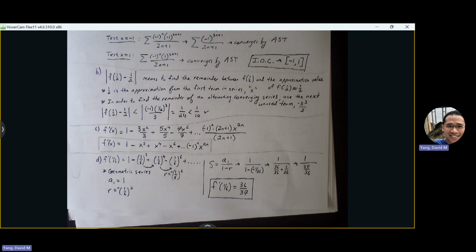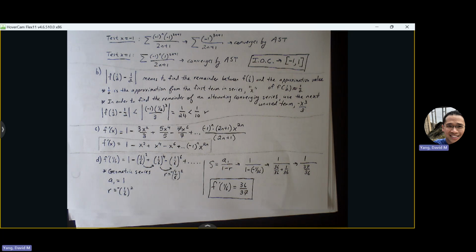Any questions with C? So part D says, use the results from part C to find f prime of 1/6. So basically, we want to find the sum of all of these terms added together. If we look at this more closely, we can recognize, oh, this is just a geometric series, right? A geometric series with a ratio of negative x squared.